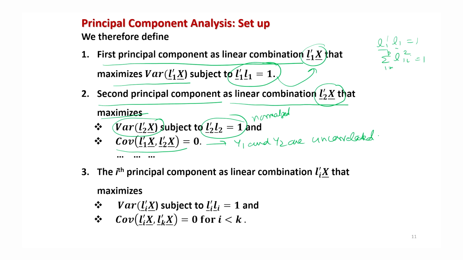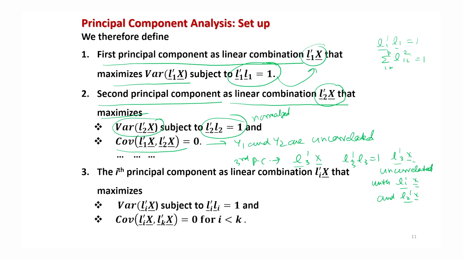Similarly, if I want to find the third principal component, that is going to be L3 transpose X, which has the maximum variance with the condition that L3 transpose L3 is equal to 1, and this L3 transpose X is uncorrelated with L1 transpose X and L2 transpose X. So the third principal component will be uncorrelated with the first and second principal components.